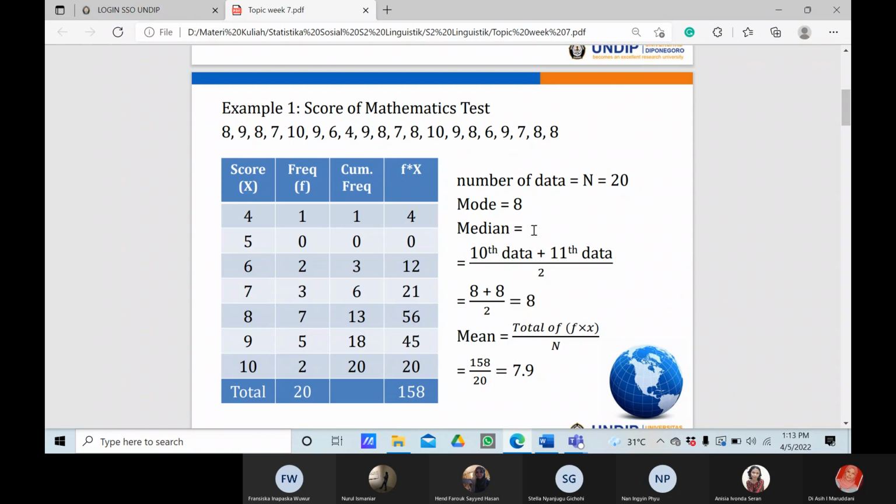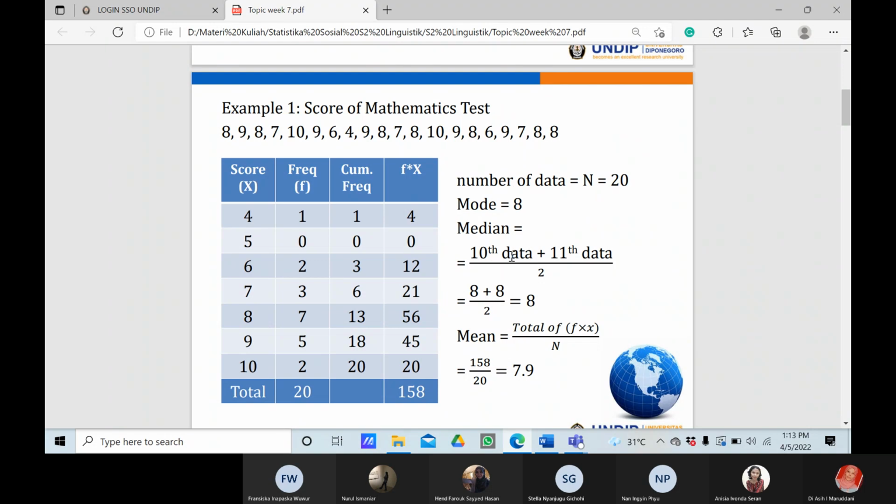And you can calculate the median because the total number is 20. Then the median falls at the 10th data plus the 11th data divided by 2. You can see from the cumulative frequency that the 7th data until the 13th data fall at the 8.